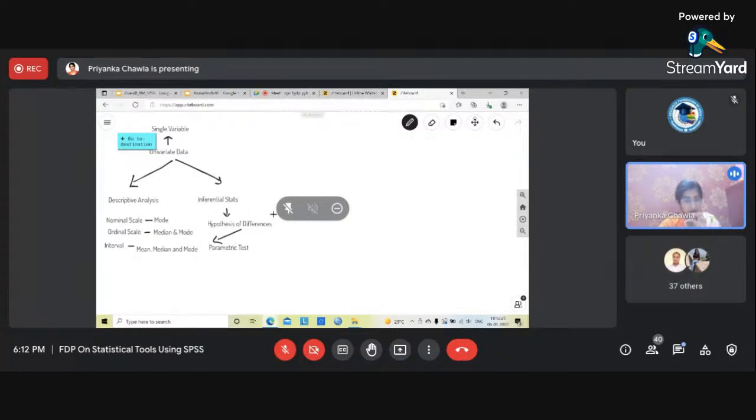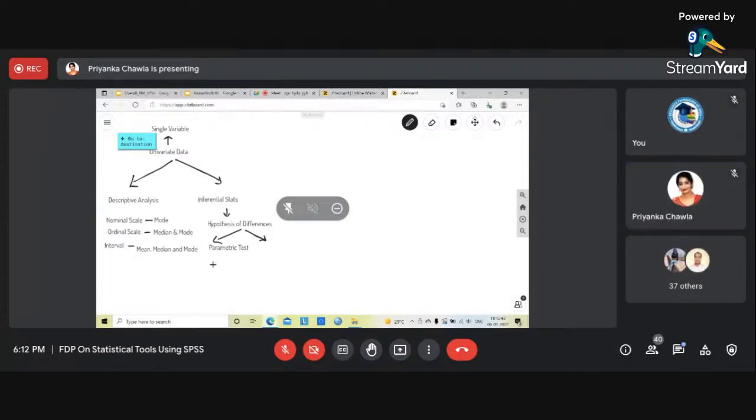Comparing the mean, that means under inferential statistic, hypothesis of difference will be formed. If it is parametric test, that means we are comparing mean. So which test is suitable? That means here we are comparing mean, that means population mean.